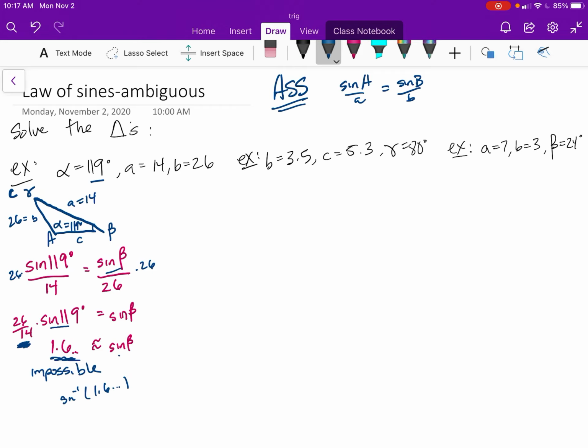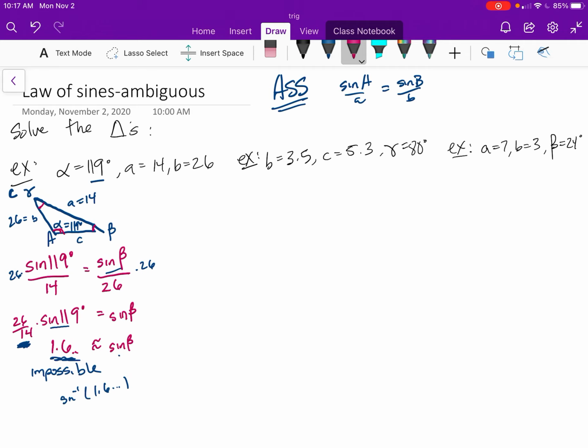Now, if I go back and look at my drawing, it almost seems there's a problem. Because if this is the obtuse angle here, I know the other two have to be less than 90. In fact, because all three add up to 180, the sum of angle beta and gamma has to be 61.